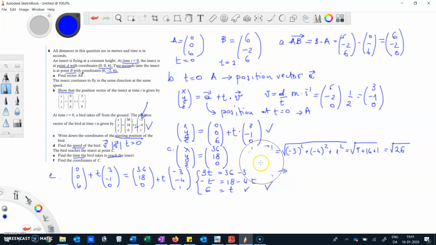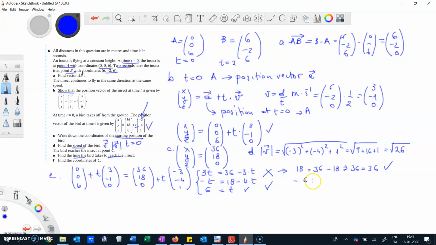Now let's check the first one. If t is equal to 6, let's see what happens. So we have 18 equal 36 minus 18. So this one gives 36 equal to 36, which is true. What about the second one?